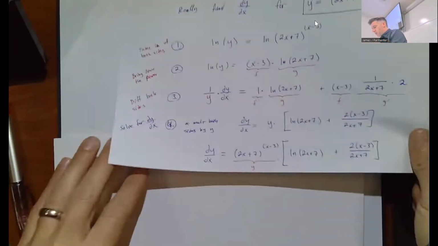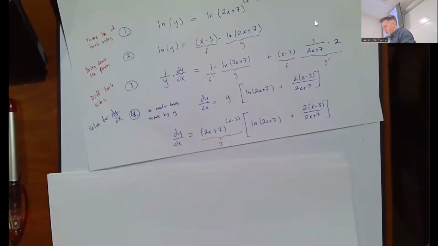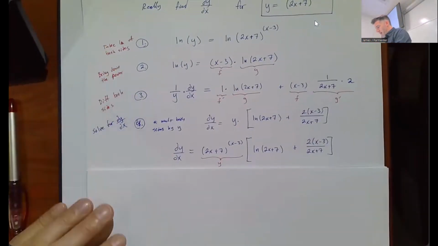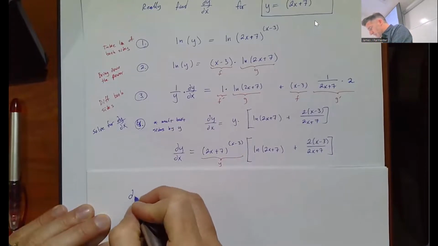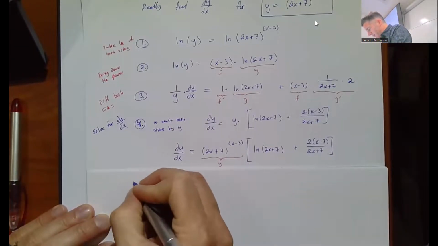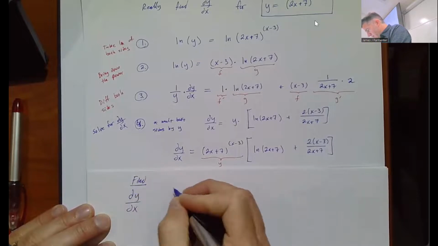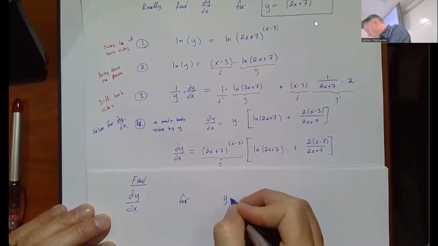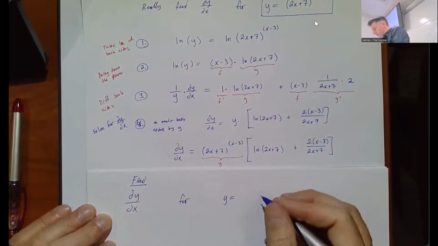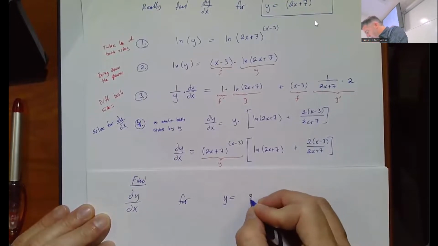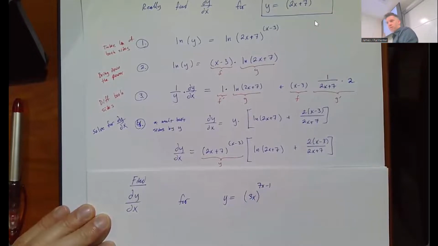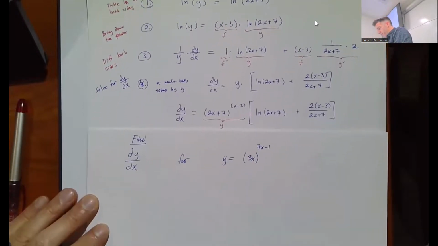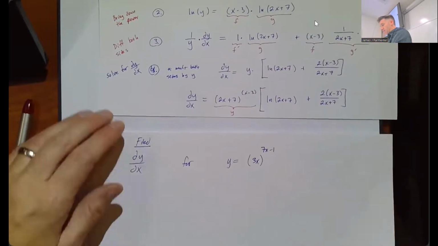So before we do another one, you are going to do one. I'll give you a not too terrible one to do. Find dy dx for y equal to, let's see, 3x to the 7x minus 1 power. Give that a whirl. And so just follow the same steps.